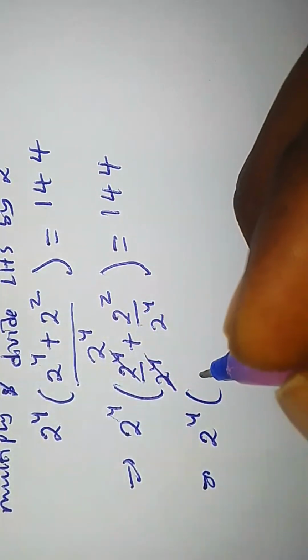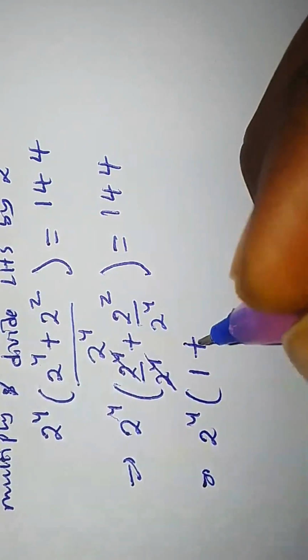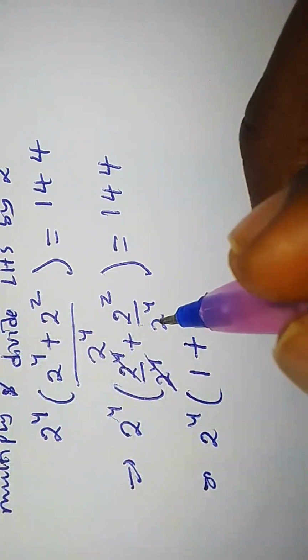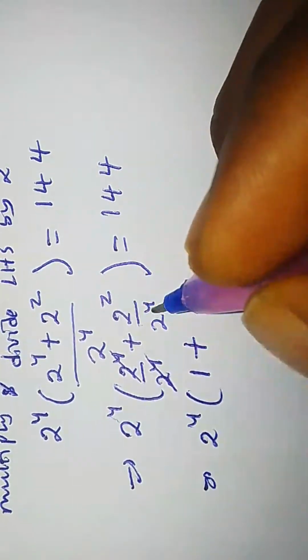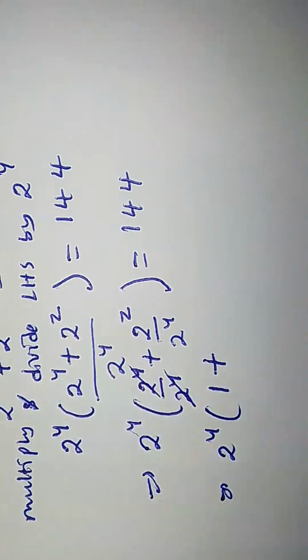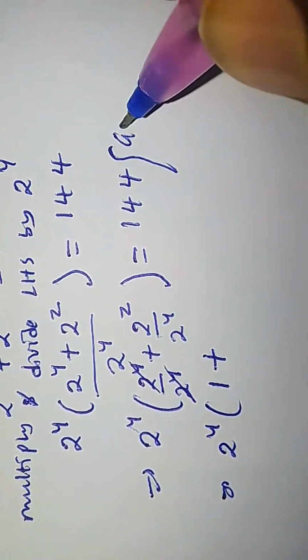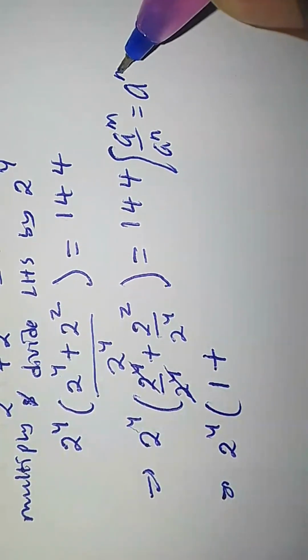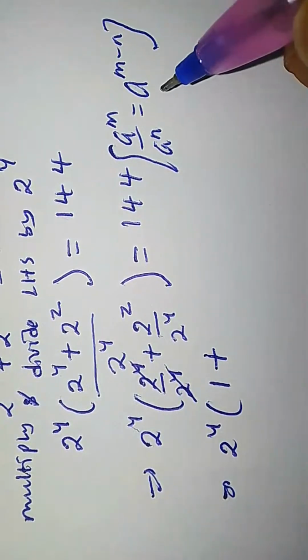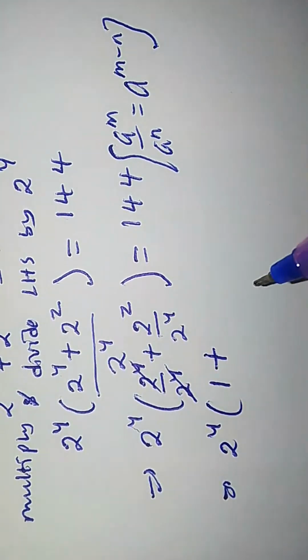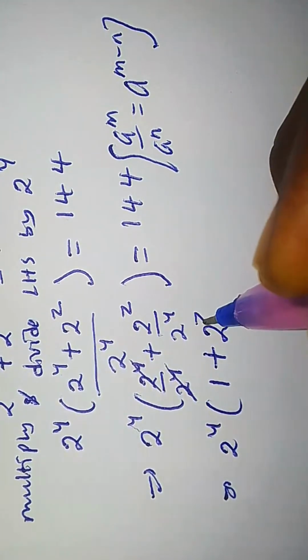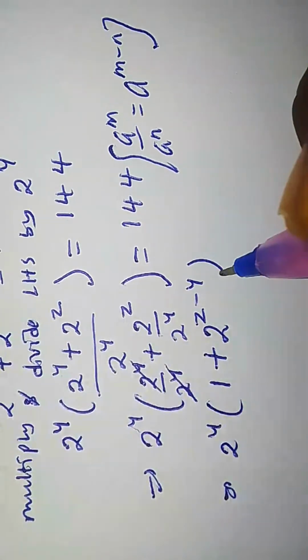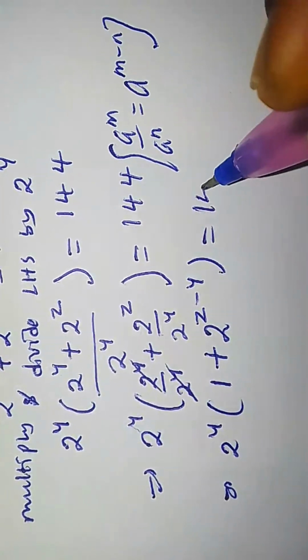We are left with 1 plus. Also, this whole guy, using this identity property again, a to the power of m over a to the power of n equal to a to the power of m minus n. Using this identity, this guy becomes 2 to the power of z minus y equal to 144.